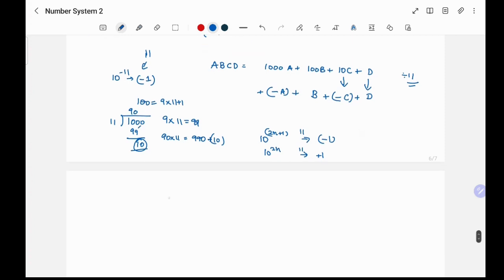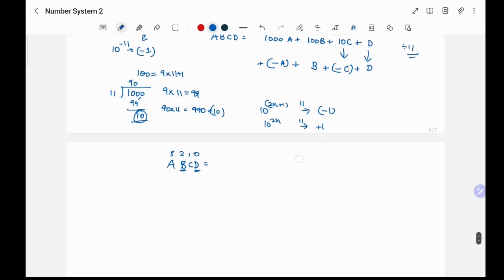So if we have a number, we take all even place digits. Let's say this is 0, 1, 2, 3. Let's start this way.